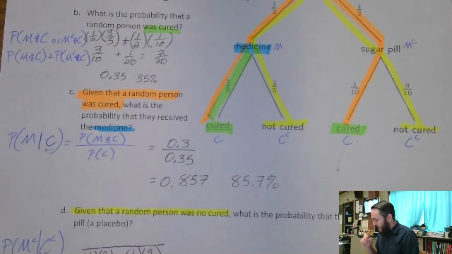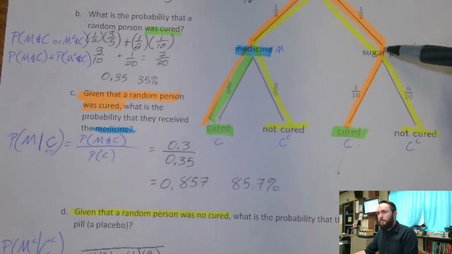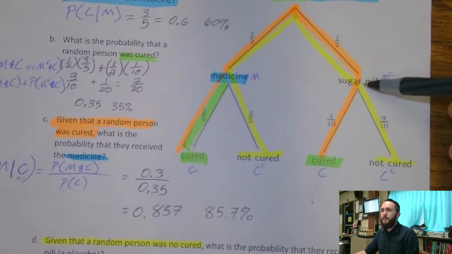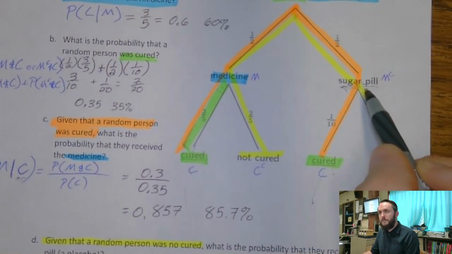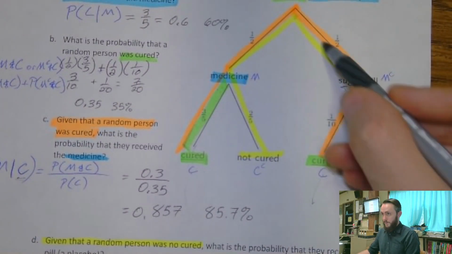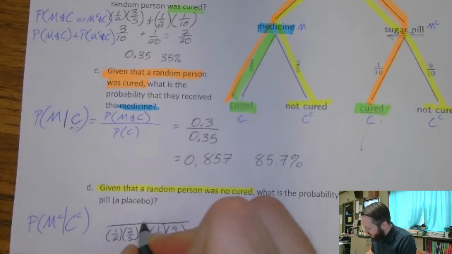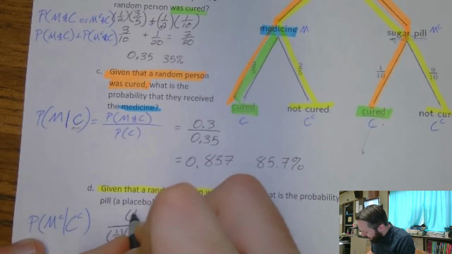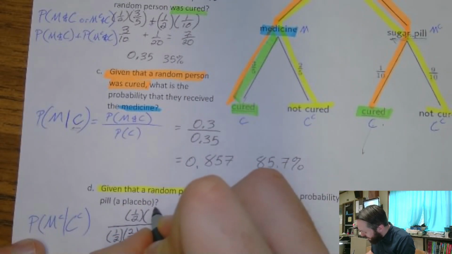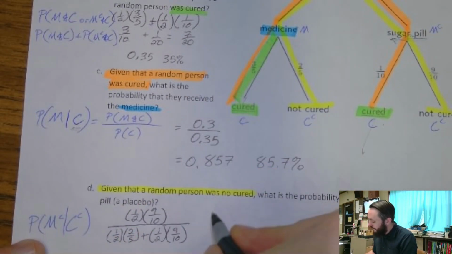And the branch that does not have the medicine, the branch that has the sugar pill, is now this one. So we're going to use this branch divided by the overall branches. So that is the 1/2 times 9/10.